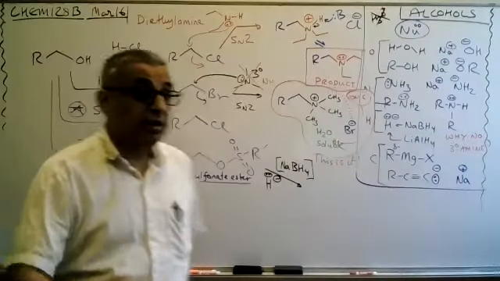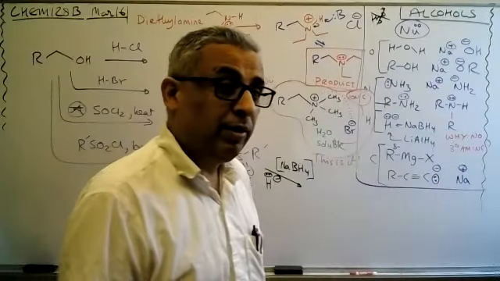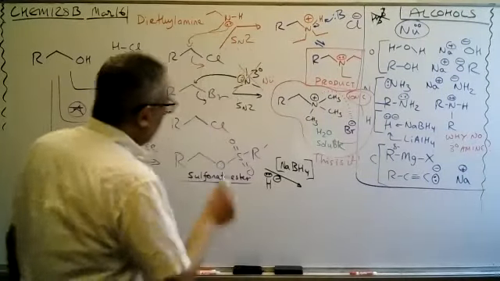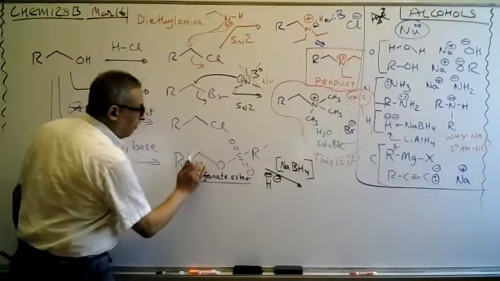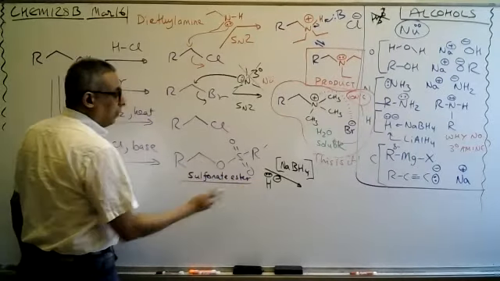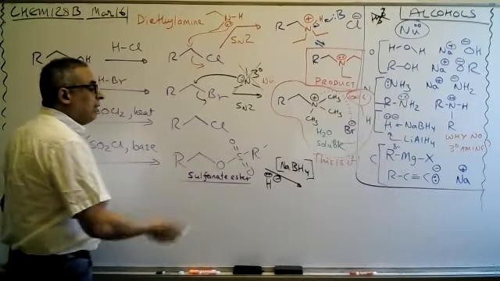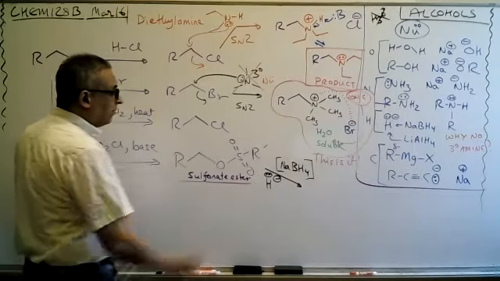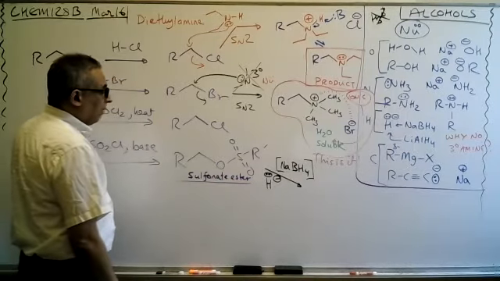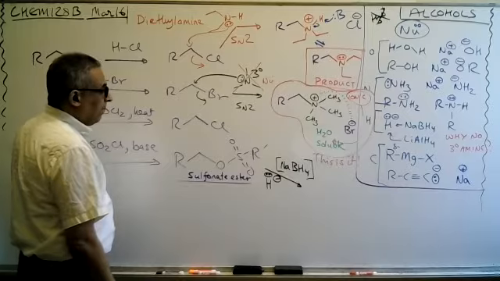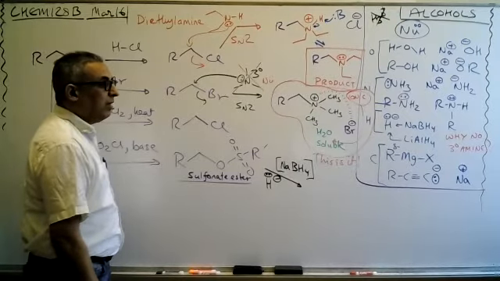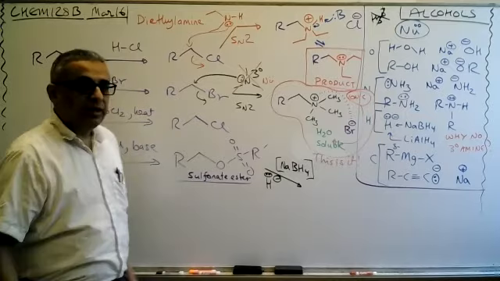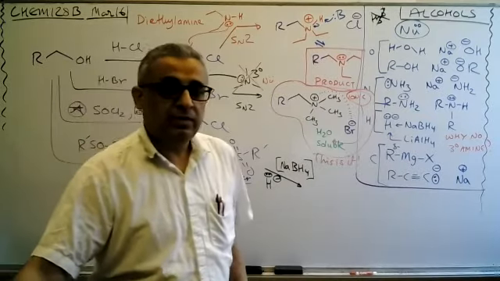Everyone is following so far? So what reaction will this be? Sulfonate ester plus H minus. How do you determine what kind of reaction this will be? Elimination, substitution, addition? Substitution.